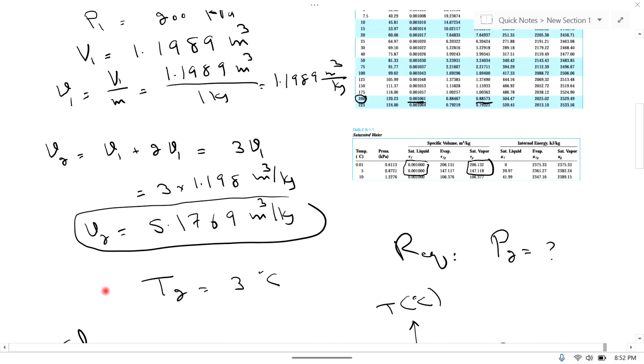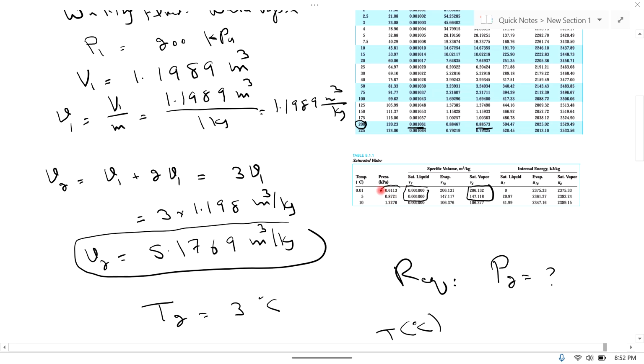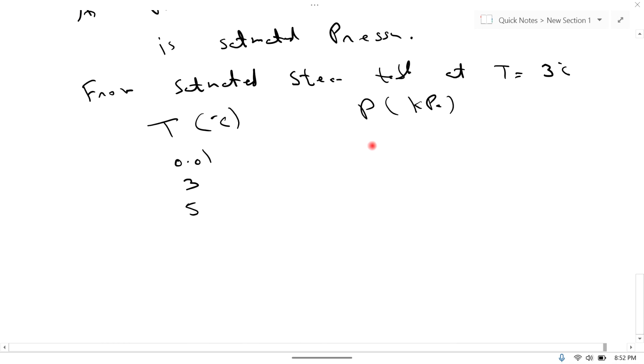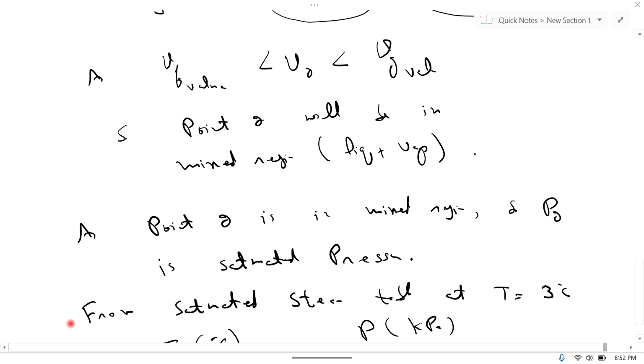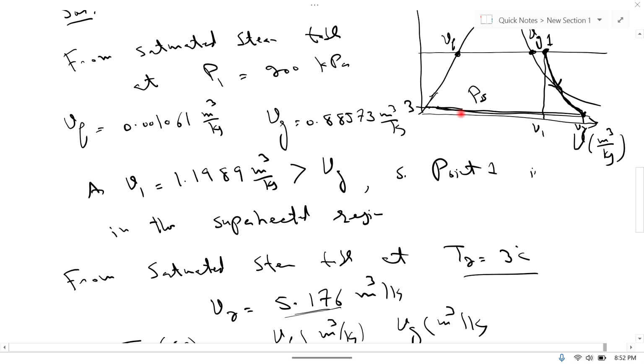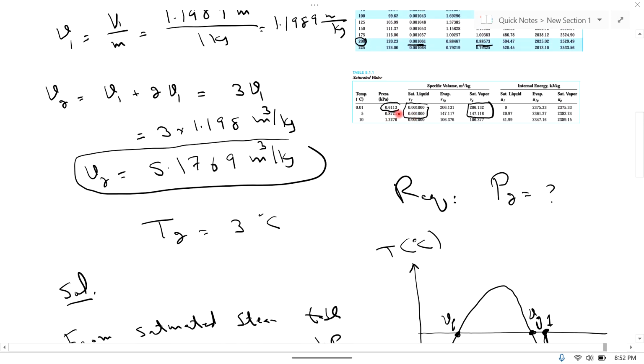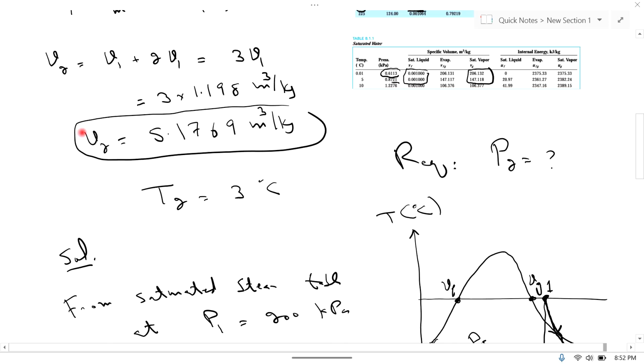In front of 0.01, the pressure is 0.6113. Here we have to find P2 in front of 3 degrees centigrade, and in front of 5 degrees centigrade the pressure is 0.8721.